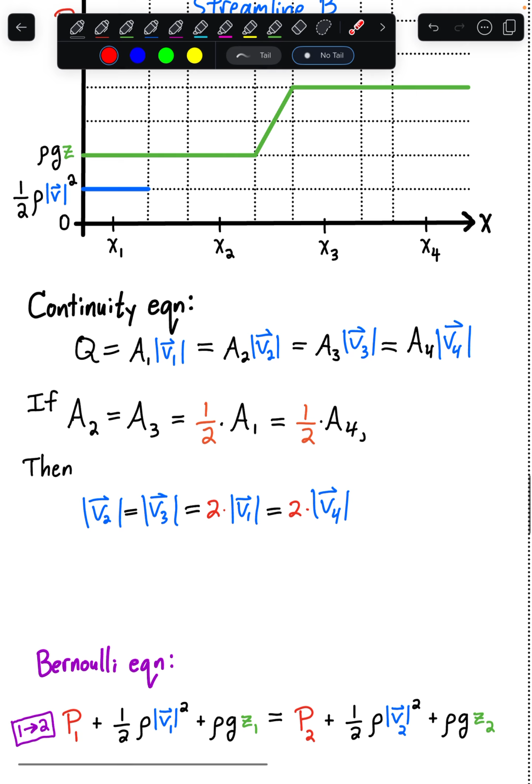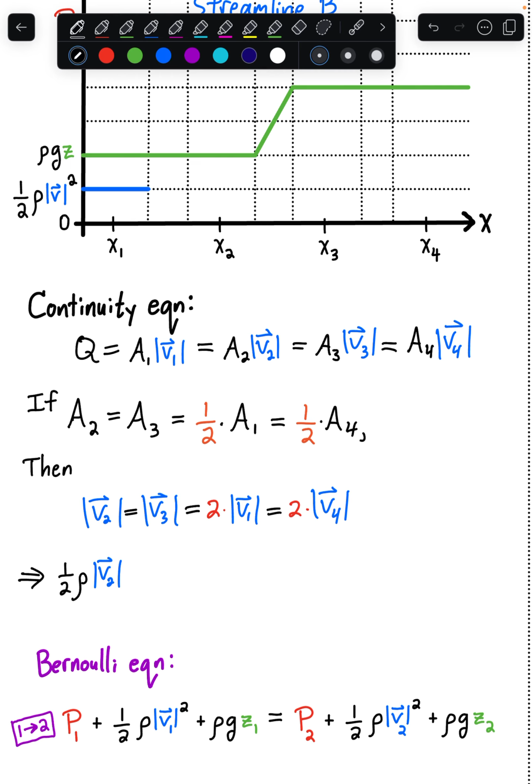So then we can work out how the kinetic energy densities change. Therefore, 1/2 rho V2 squared, the energy density at point 2 in that low, narrow section of pipe, will be equal to the kinetic energy density at point 3, the high, narrow section of pipe.